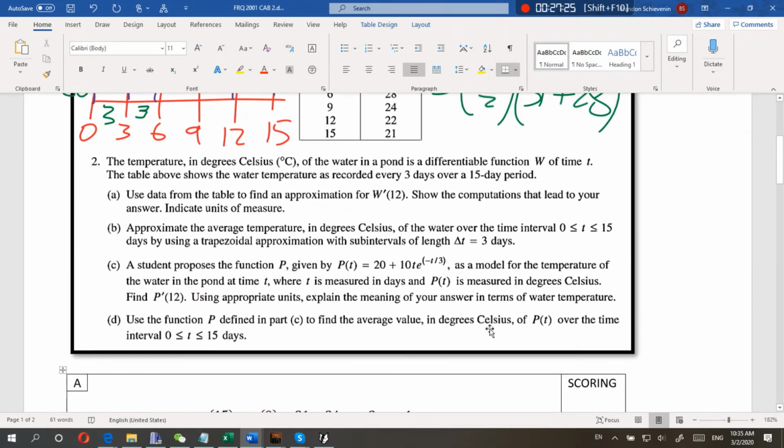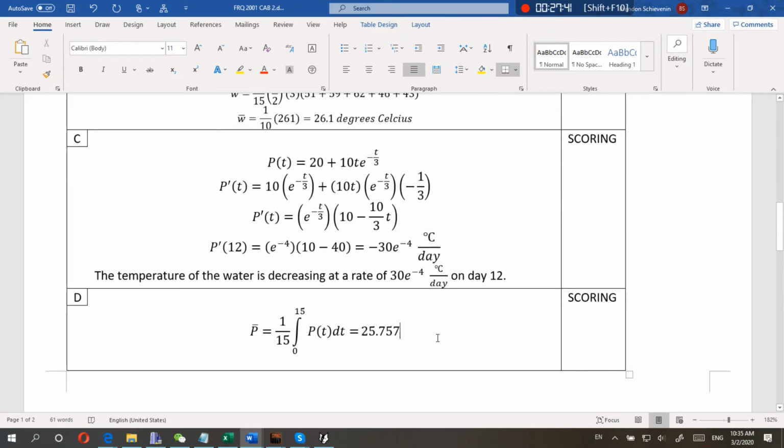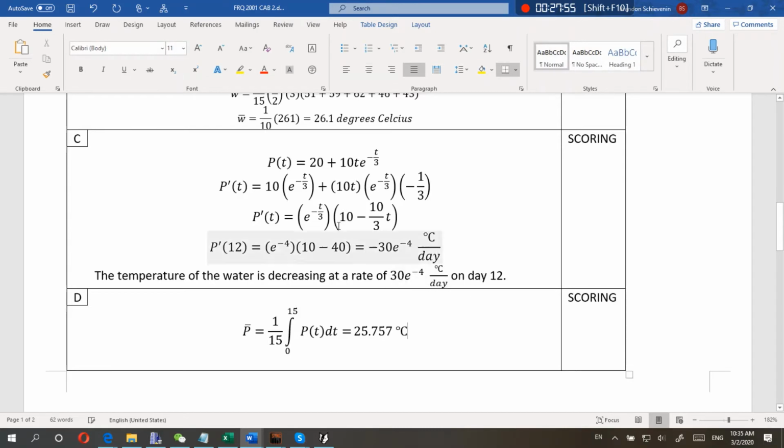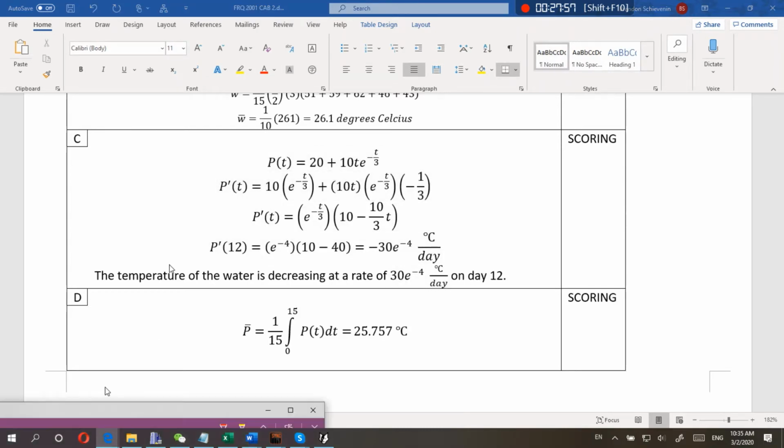Okay, what are my units for this? Degrees Celsius. So this is my average value of p, in degrees Celsius. Okay, cool.